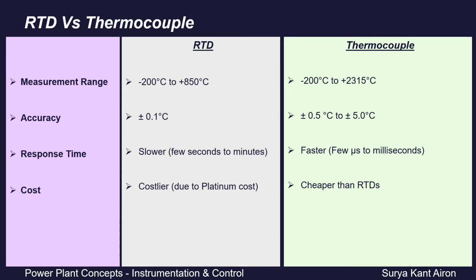So then it is advisable to use thermocouples due to their faster response time. Clear? If it is a concern of overall plant protection, then it's better to use thermocouples.